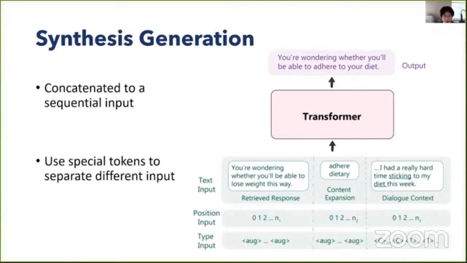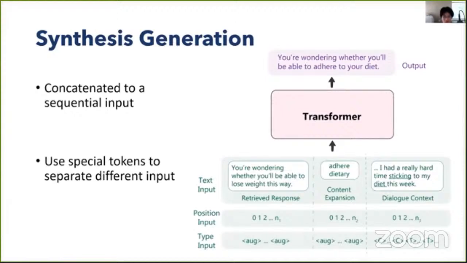Since the self-attention mechanism is ignorant of token order, a positional embedding is used to encode the ordinal information of the input sequence. We also use an additional type embedding to indicate whether a token is from the augmented context, the client, or the therapist. All three inputs shown here will be mapped into the corresponding embeddings by 3 different embedding matrices. All the embeddings are added and fed into the transformer model.